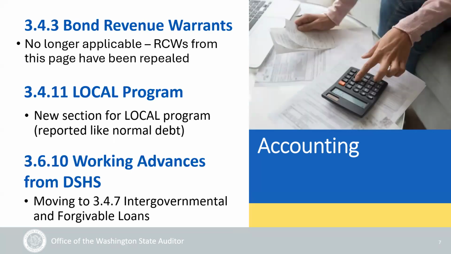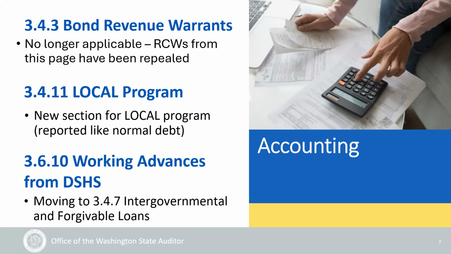For 3.4.3 bond revenue warrants, the RCWs from this page have now been repealed. Therefore, we will be removing this page. We are also adding section 3.4.11, local program. This is showing how to account for the state treasurer's local program, which is reported like normal debt.